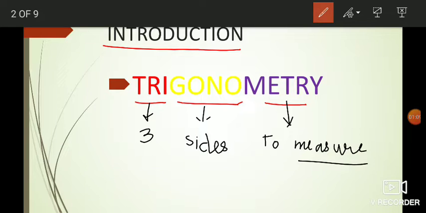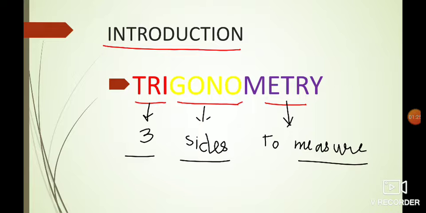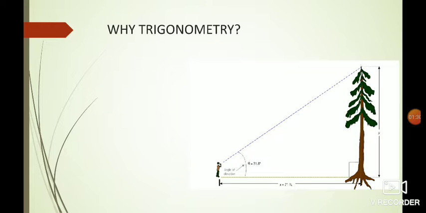So here we can break down this one single word into three parts, that is three sides to measure. Means we have to measure three different sides in different ways, and we can make a very vast branch of mathematics which is called trigonometry.